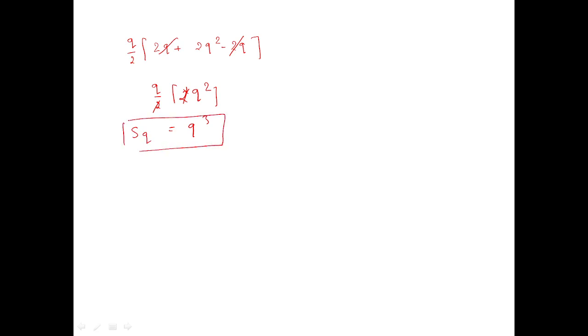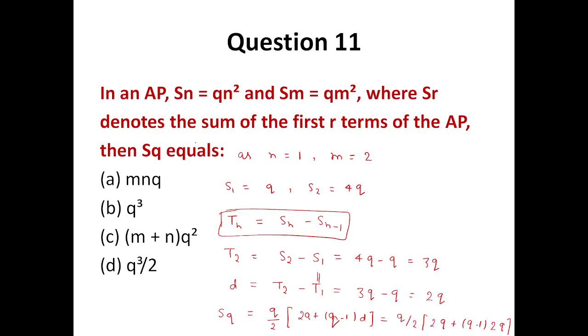Now further you will get q by 2, 2q plus 2q square minus 2q plus 2q minus 2q cancel out, you will get q by 2 into 2q square. 2 cancel out, final is q cube. So Sq will be q cube. So our correct option is B.